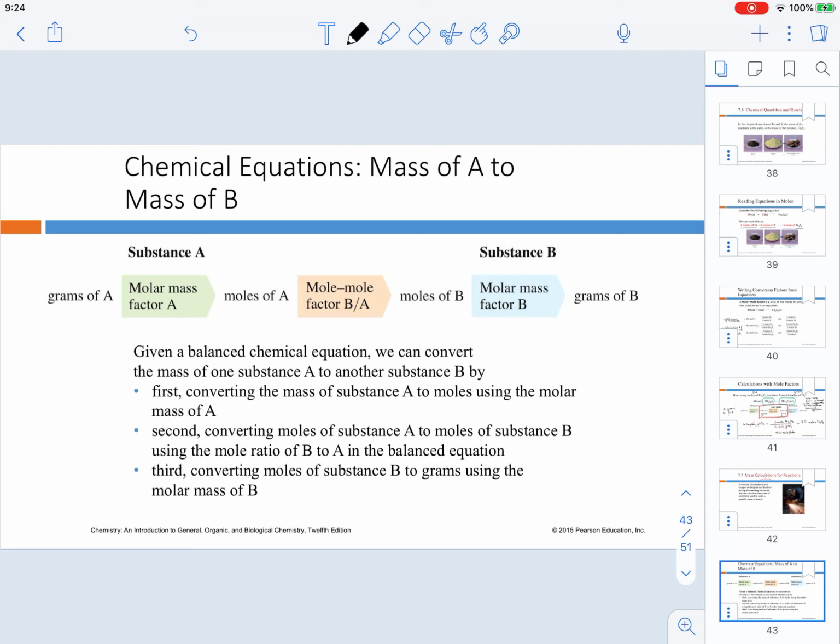Now, given a balanced chemical equation, we can convert the mass of one substance to another by first converting the mass of the substance to moles. Then we do the mole to mole relationship between them, and lastly utilize the molar mass of that second substance to find the grams.